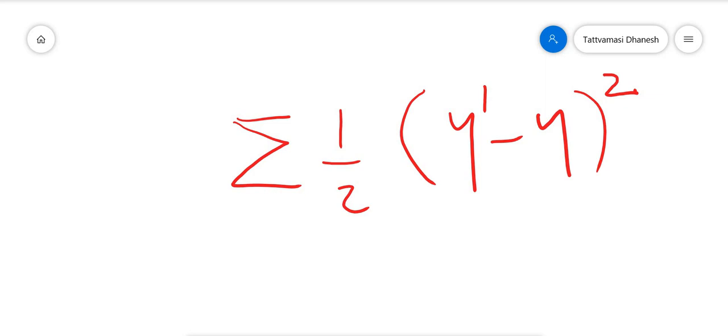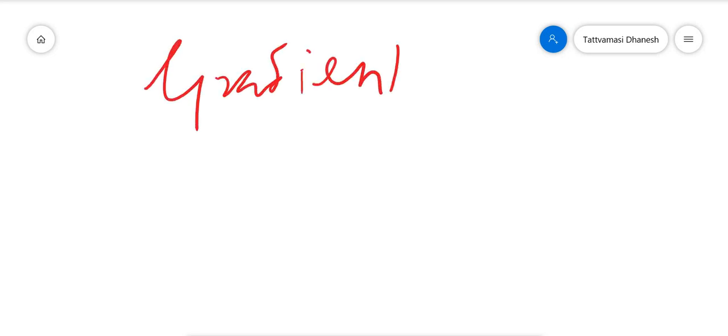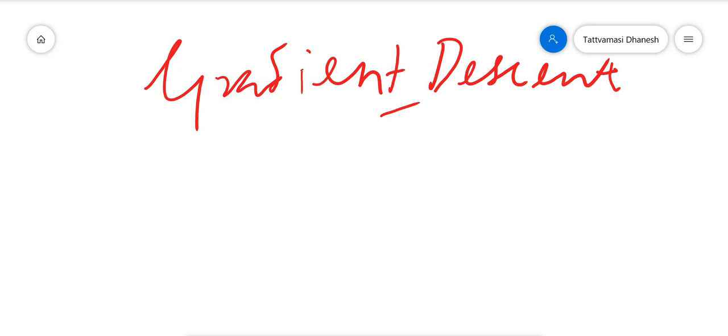Now gradient descent. It is one of the important algorithms. Gradient descent is an iterative process to find the minimum of any mathematical function.